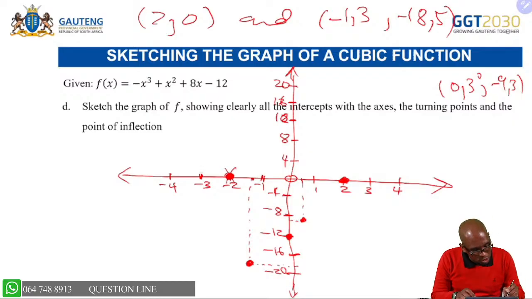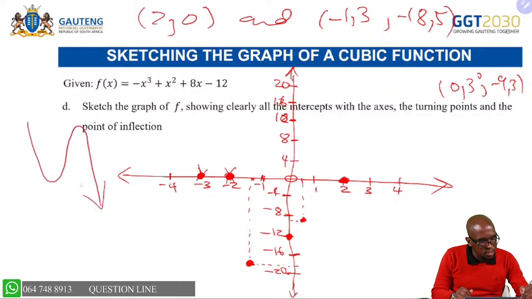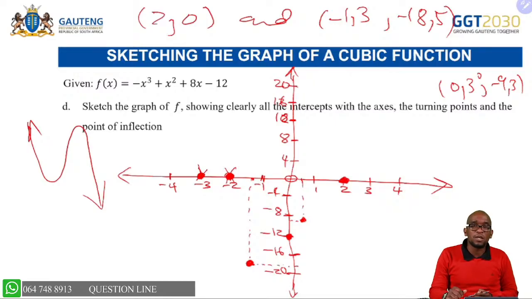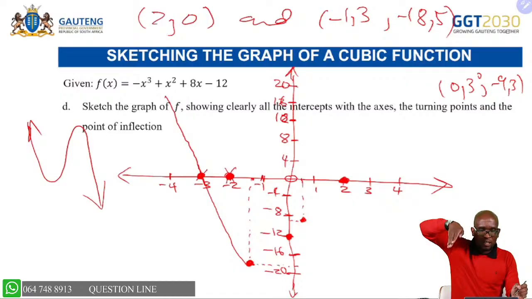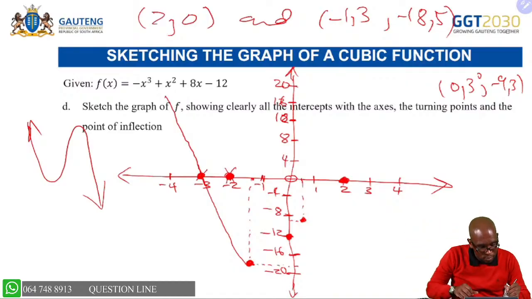And then here, if you check, I have minus 3 as the x-intercept. So the graph should intercept at minus 3, it should intercept here, but it should turn at this point and that point. And remember, we said the graph should exhibit this shape. That is the general shape that we came up with. So I would start here, the graph intersects at minus 3, and then it turns here. Remember, after turning there, it should intersect y at minus 12.